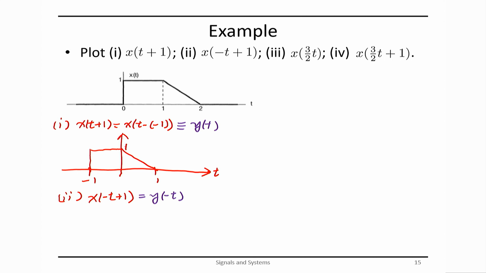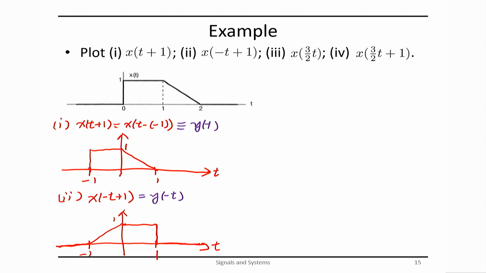So what does this mean? This means that this function here is just a time reversal of this function here. So by comparing these two, we can see that this should be just a time reversal of this.